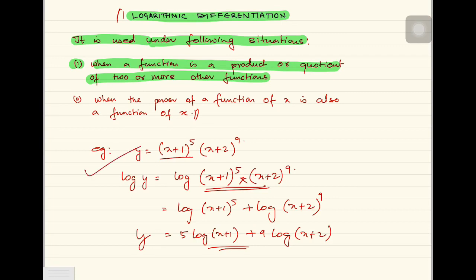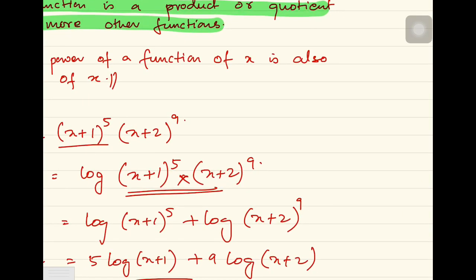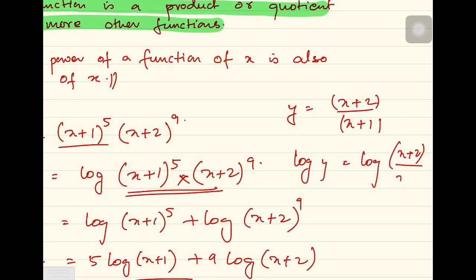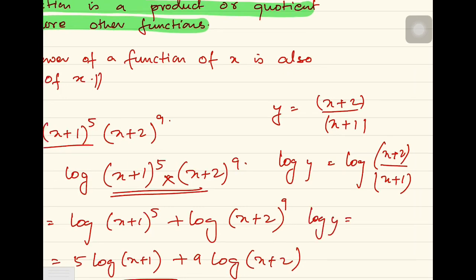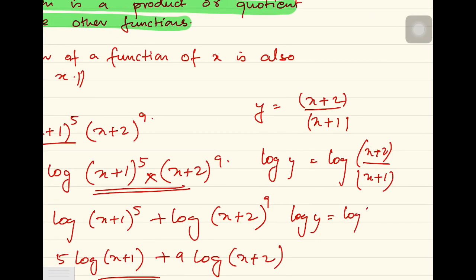And number one I have already discussed, when the function is a product or quotient. By the way, I can show you quotient also. So if you have (x + 2) over (x + 1), just an example, instead of using quotient rule you can use logarithm and simplify also, because if you take log here, log y will be equal to log (x + 2) minus log (x + 1), because division means minus in logarithm, isn't it?